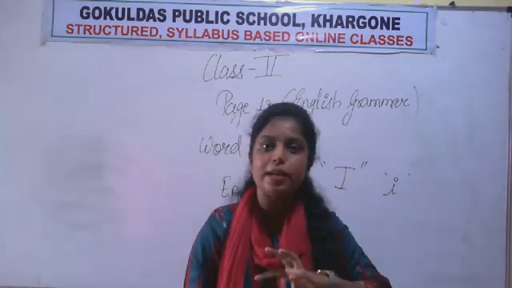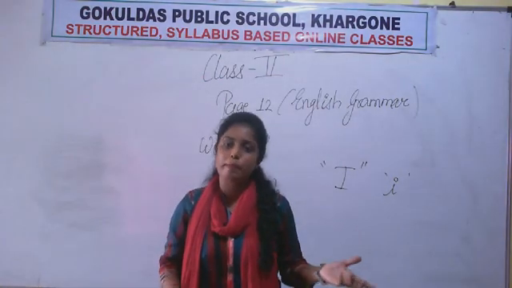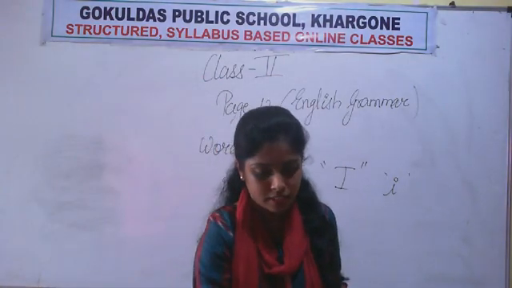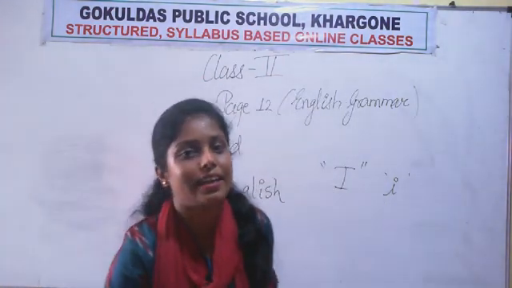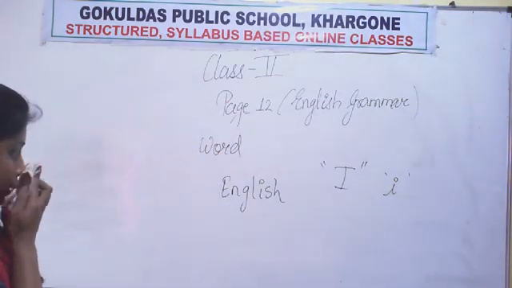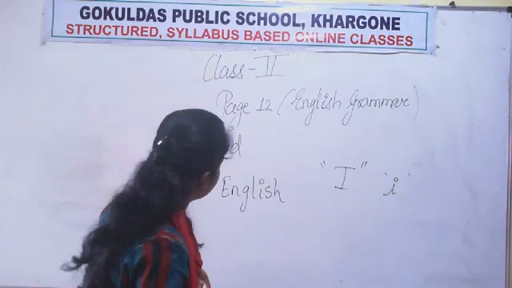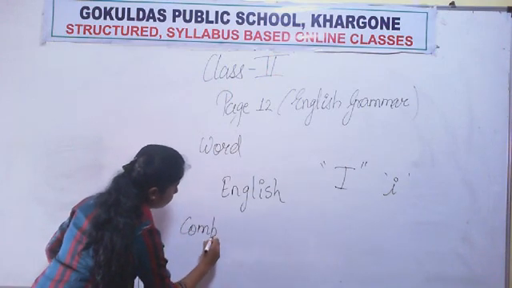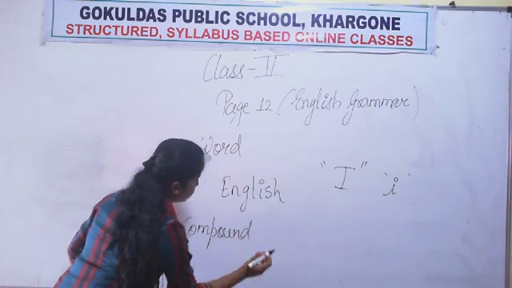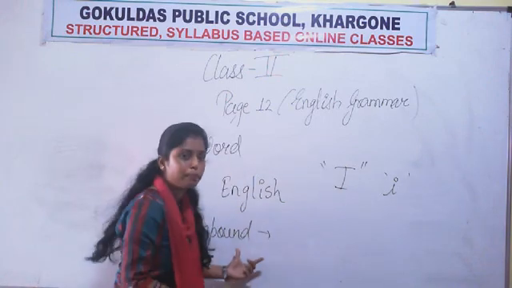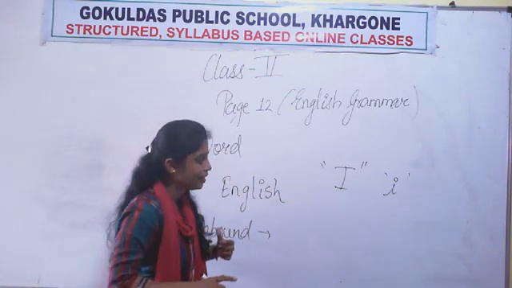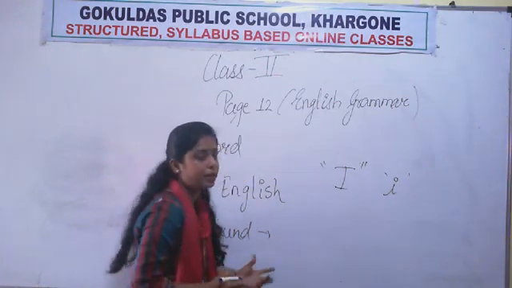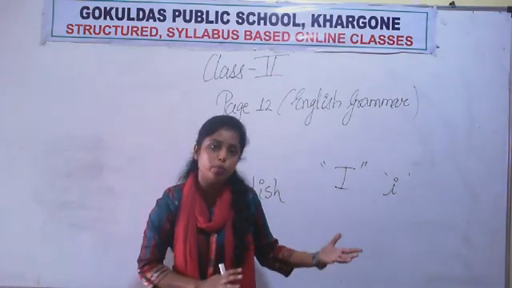And then we had studied about compound words. Compound words are what? Compound words are the words that are made by joining two different words. Today we had studied that compound words are made by joining two different types of words.